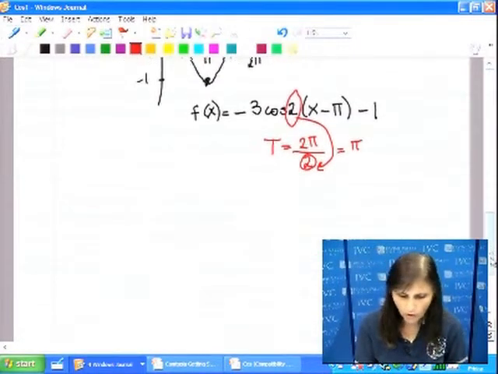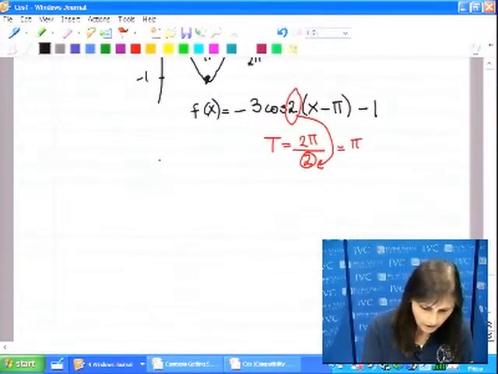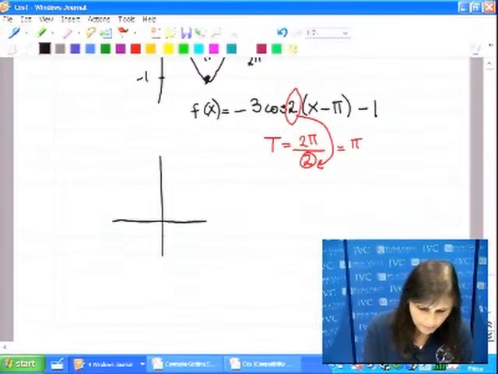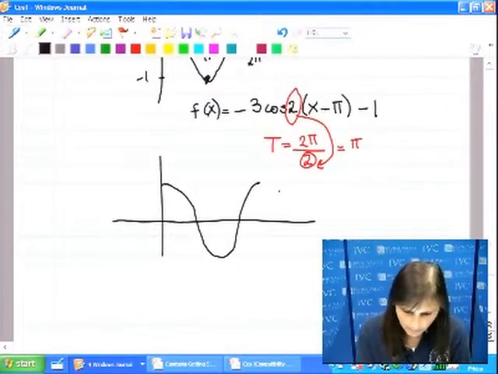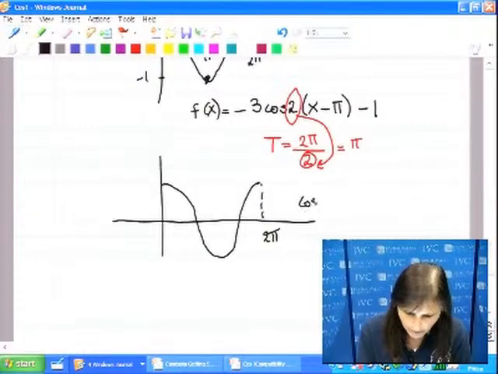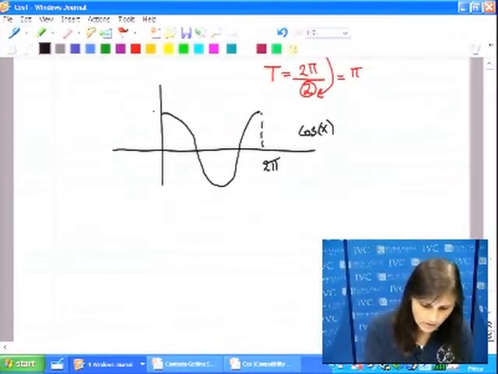So let's draw the cosine one more time. Here's my u. I'm going to make it big and fat. This is my cosine, 2 pi, and this is at 1.